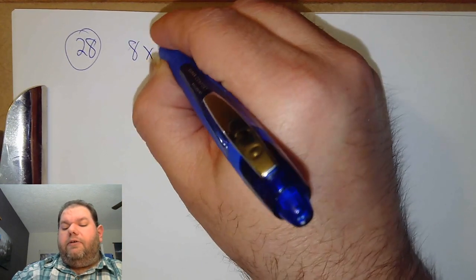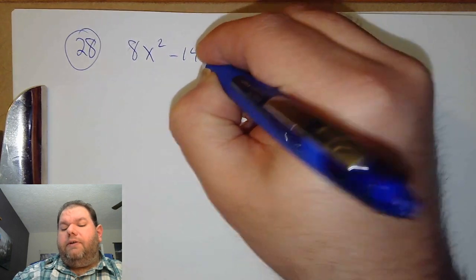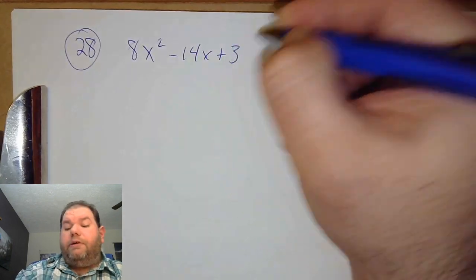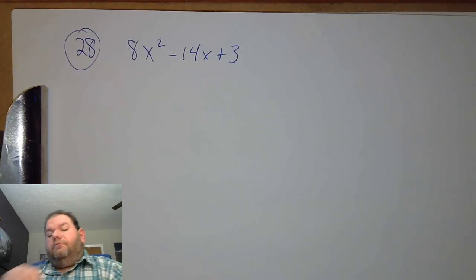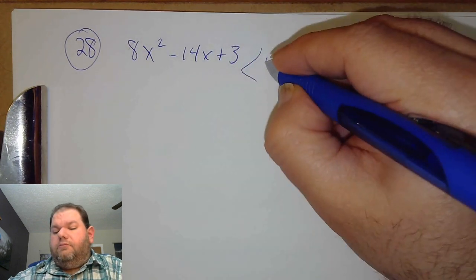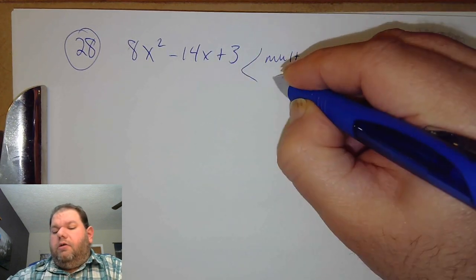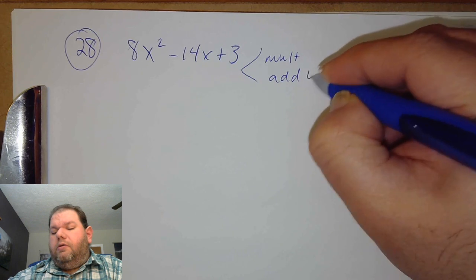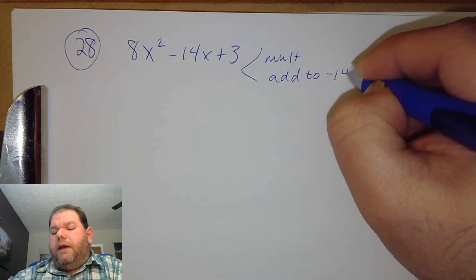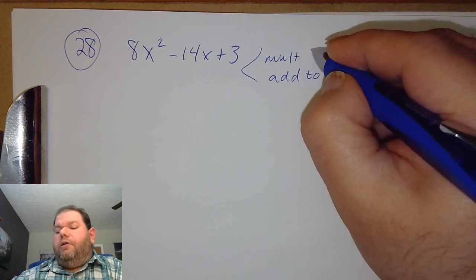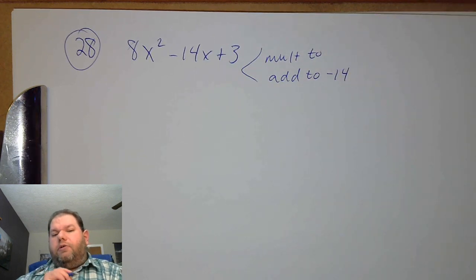It gives 8x squared minus 14x plus 3. Now we're going to need two numbers to add to -14, but in this case, what are we going to need the numbers to multiply to?